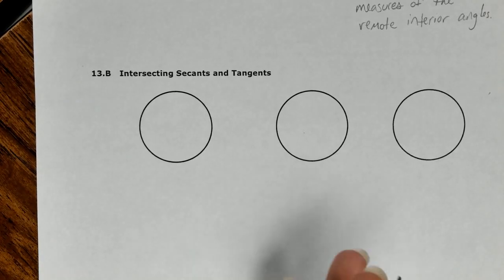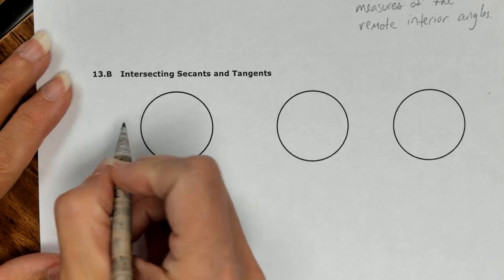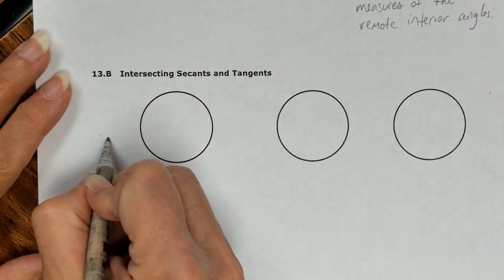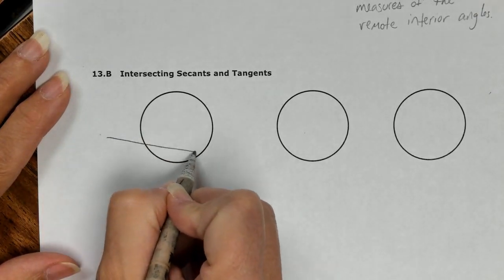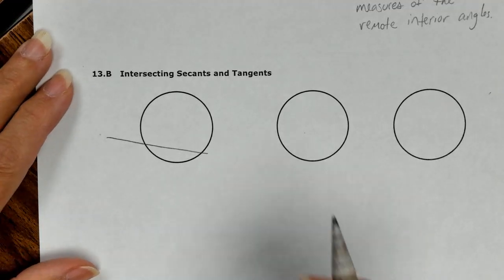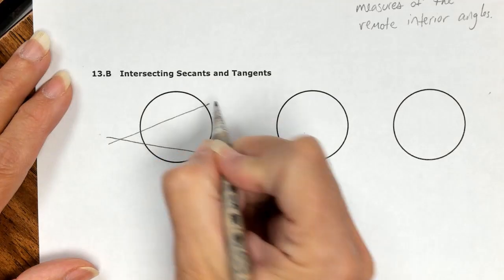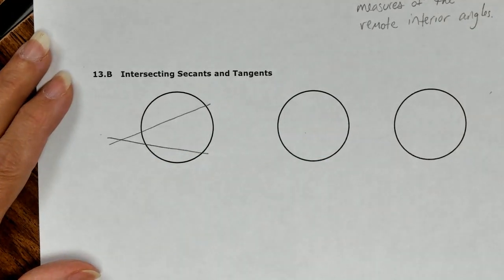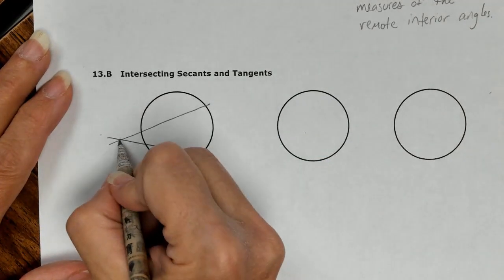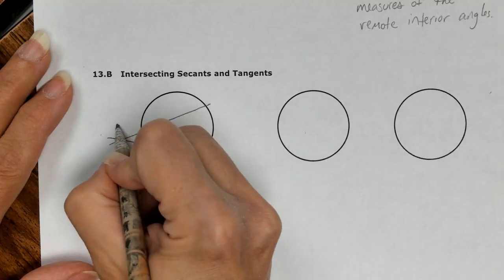Well, we're actually going to prove these as well. So we have two secants intersecting out here somewhere. I'll go like that, and like that. Okay, there are my two secants. They're intersecting out here. We'll call that point P.